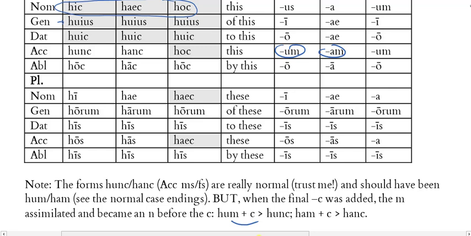Humk, right? So what happens is this M assimilates and becomes an N, because an N is also nasal, like an M is nasal. M and N are nasal sounds. But I'm going to a nasal sound that's easier to pronounce when followed by C. So humk becomes honk, honk.